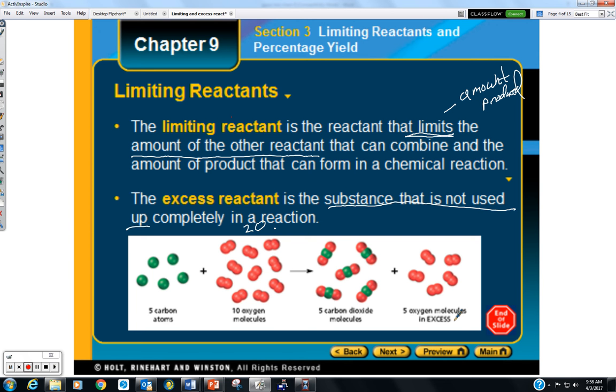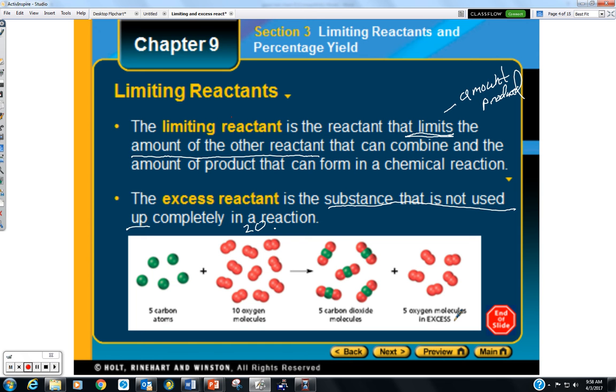This can happen in any type of reaction. This happens to be a combustion, so we're combusting carbon. Even in other reactions, you're going to have a limiting and an excess. Let's say we're making hydrochloric acid.